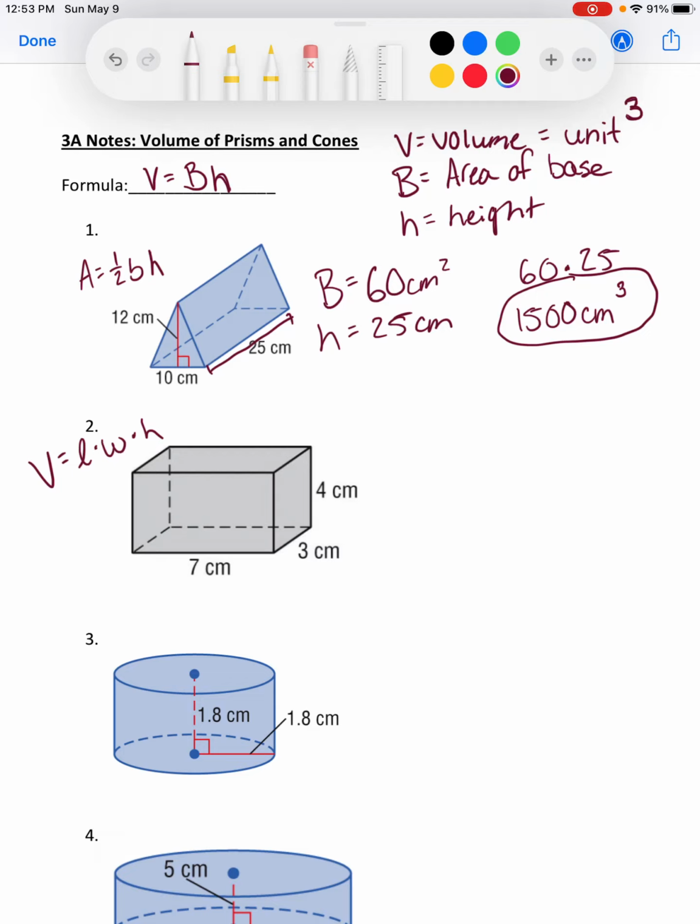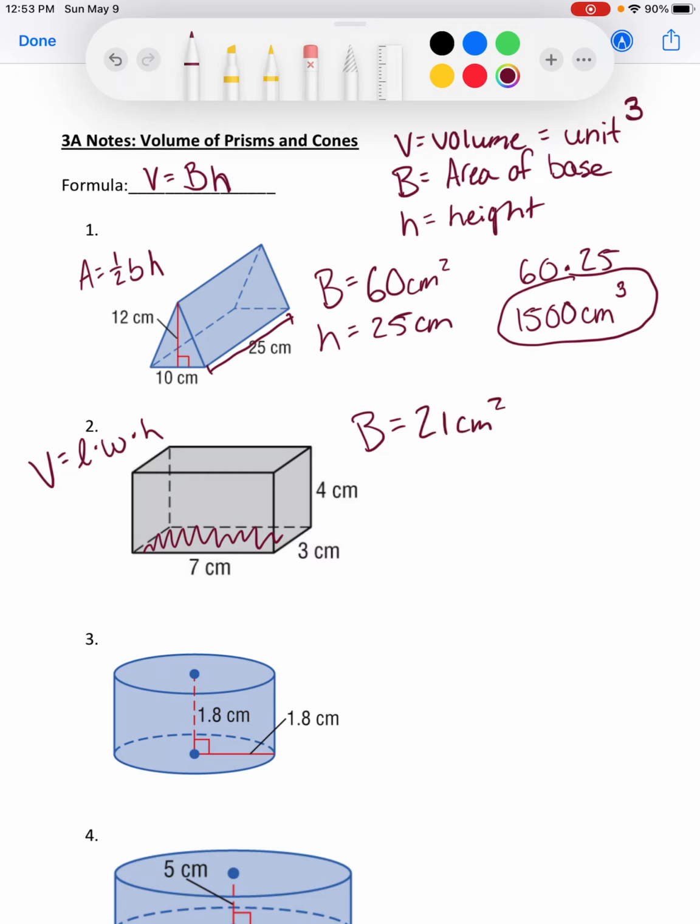To stick with the same formula, I'm going to use this 7x3 as my base. So I'm going to say the area of this base is going to be 7 times 3, because the area of a rectangle is base times height, or length times width, however you want to denote that. So 7 times 3 would be 21, so 21 centimeters squared.